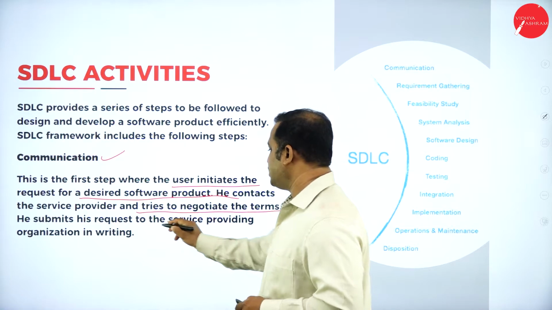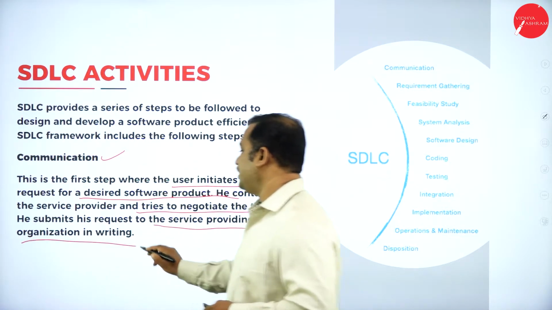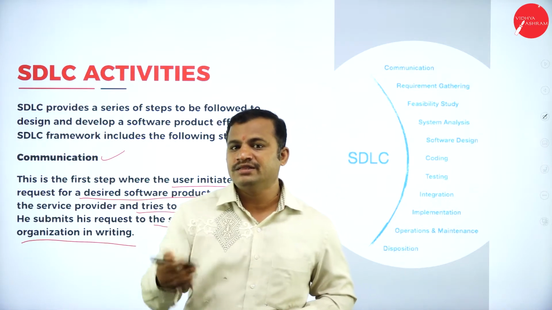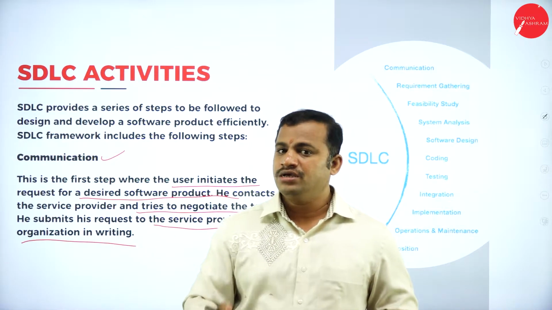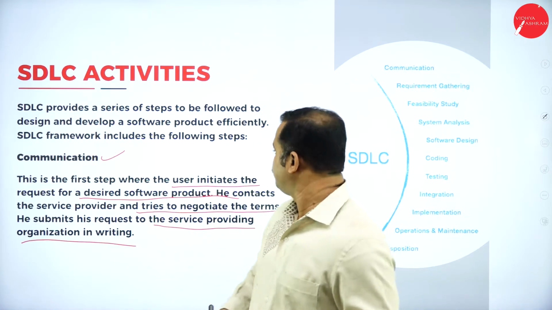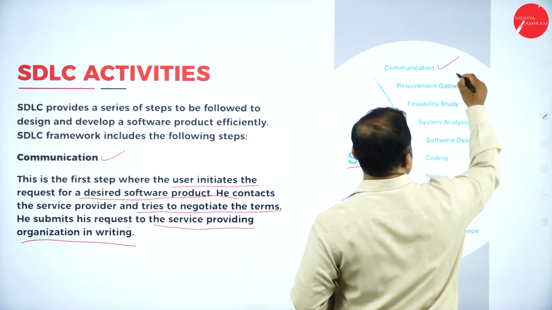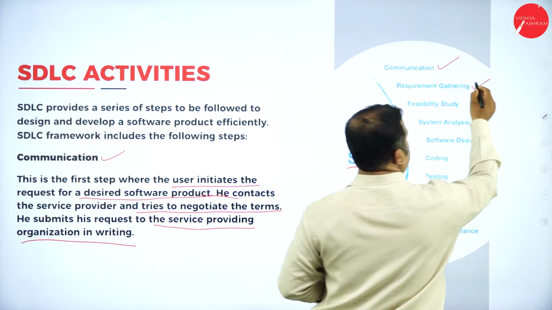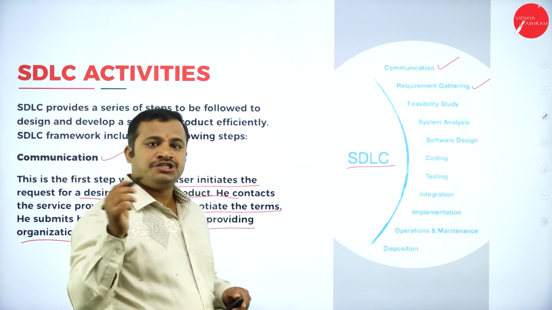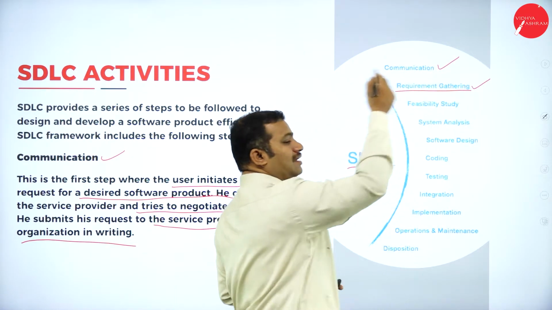Then, once it is developed, the service providing organization, in writing. That is, it has to be written in the form of a request to the software company from where it has to be developed. This software development lifecycle consists of, first, communication. Then the software company initiates the task of requirement collection, that is, requirement gathering.